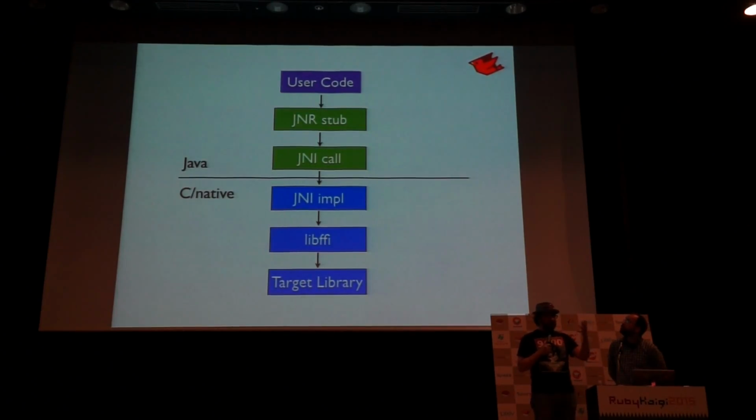It has all of the C code, the native code is already available. It uses libffi to call into the library, and then it generates some stubs for us on the Java side as well. So all we have to write is the user code. But this is a lot of layers to go through to get from Ruby or Java code down into a native library.